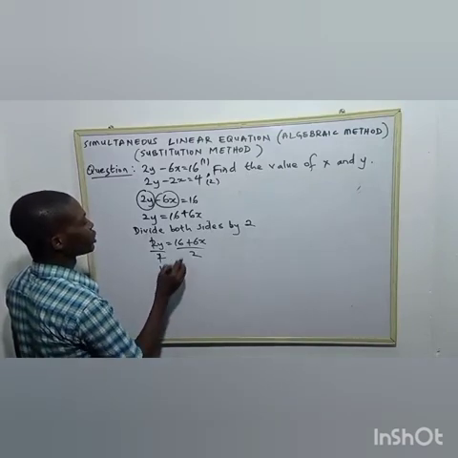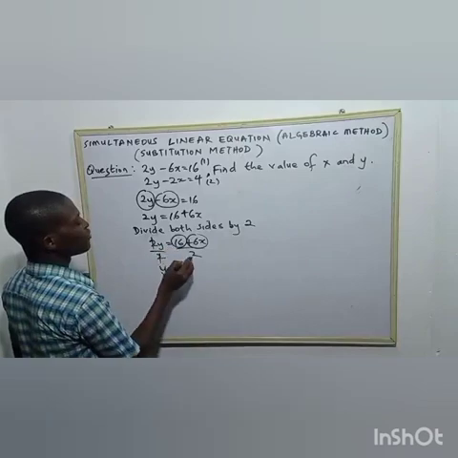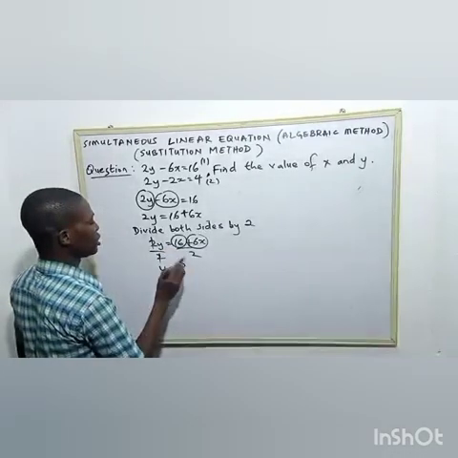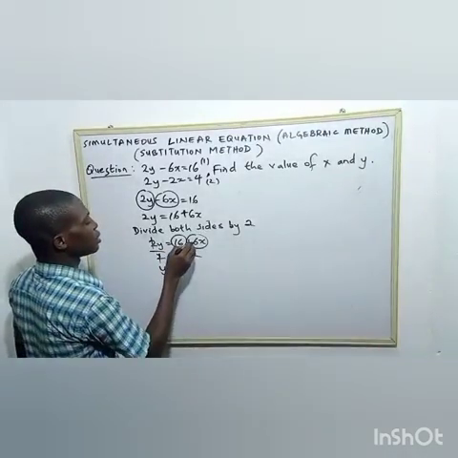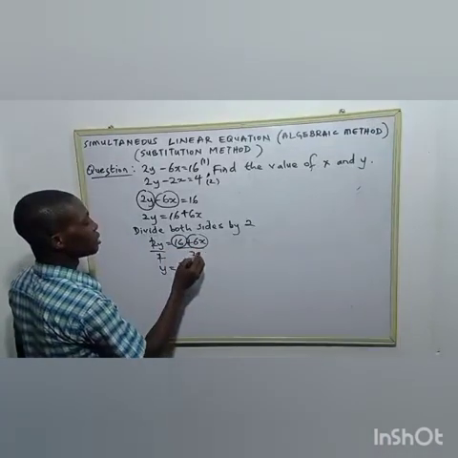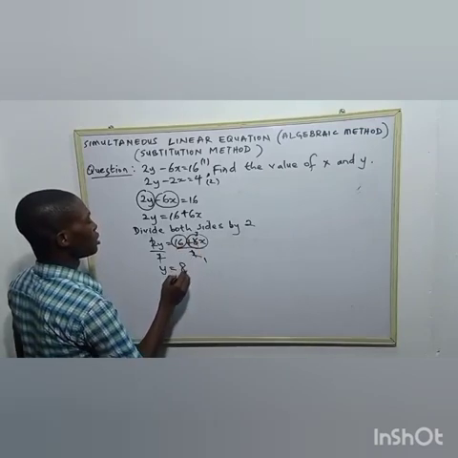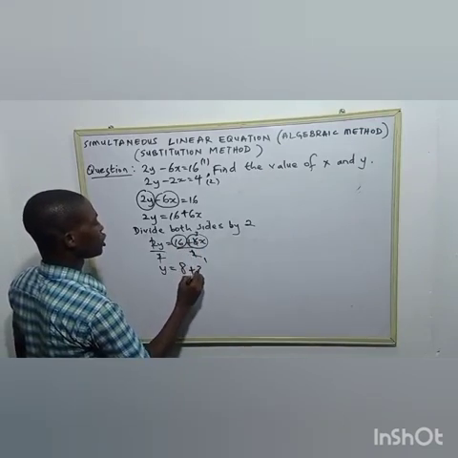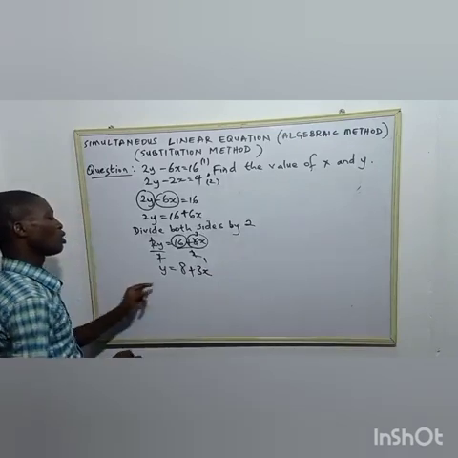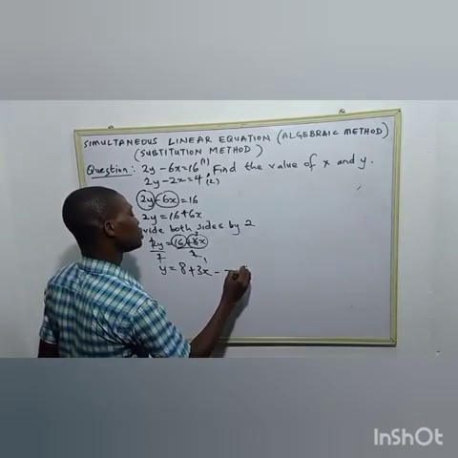Y equals to, we are having 2 terms in this place. So 16 divided by 2 is 8. Plus 6x divided by 2, 2 in 6 is 3, which is going to be plus 3x. Y is now 8 plus 3x, which is going to be our equation 3.